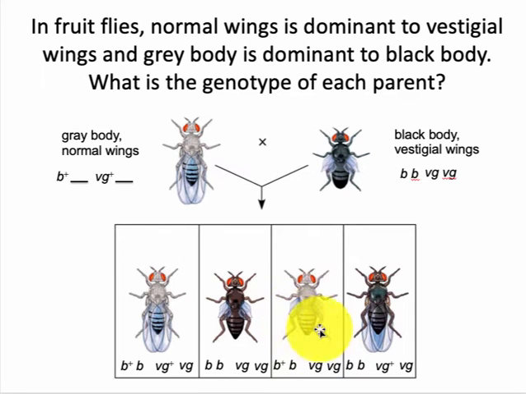The same thing, if we look at the offspring with vestigial wings, we see that there are 2 groups of offspring that have vestigial wings. Since vestigial wings is recessive, those offspring must have 2 recessive alleles for vestigial wings. One of these recessive alleles came from the parent that is homozygous recessive, but the other allele had to come from the parent that must be heterozygous.